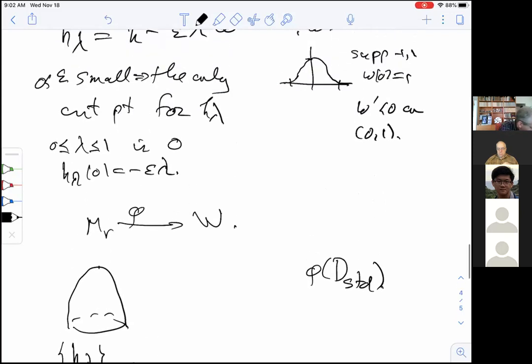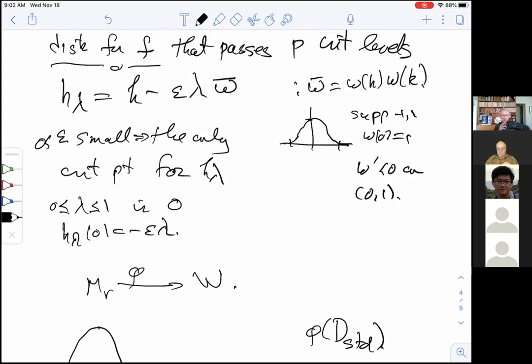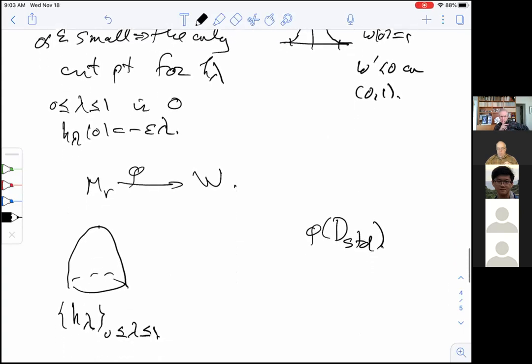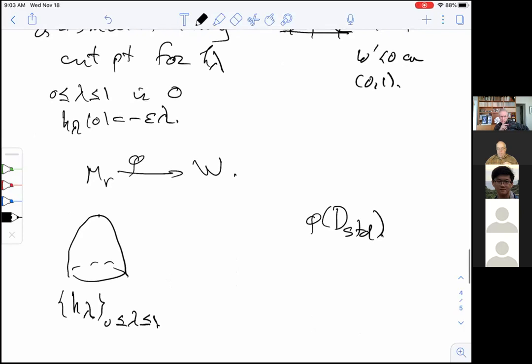Since W bar has support contained exactly in MR, you can use this path to construct a path of functions F lambda, lambda from 0 to 1, using the same embedding at each time down here.